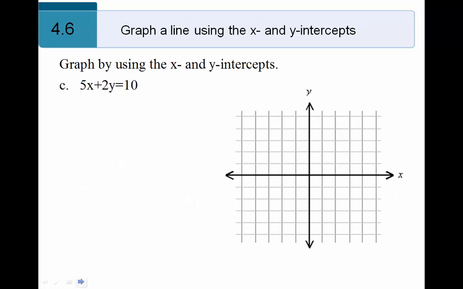All right, let's practice graphing some lines by finding the x and y intercepts. 5x plus 2y equals 10. To find my x-intercept, 5x plus 2y equals 10.